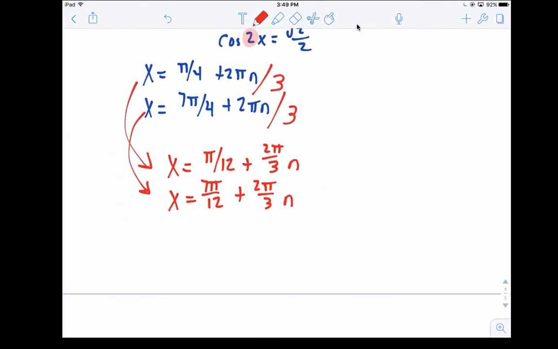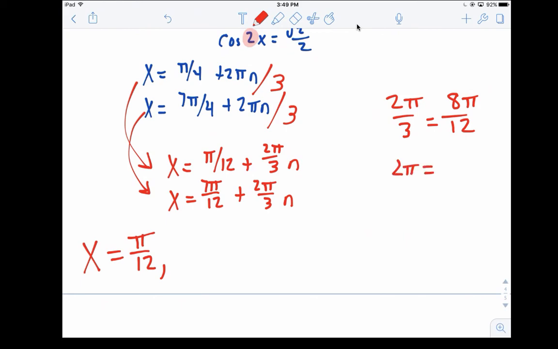Alright, so now all you have to do from there is just list your solutions. So you're going to start with pi over 12, and then you're going to add 2 pi over 3 to that. Now 2 pi over 3 is the same thing as 8 pi over 12. So you're going to add 8 pi over 12 until you get to 2 pi, or 24 pi over 12.